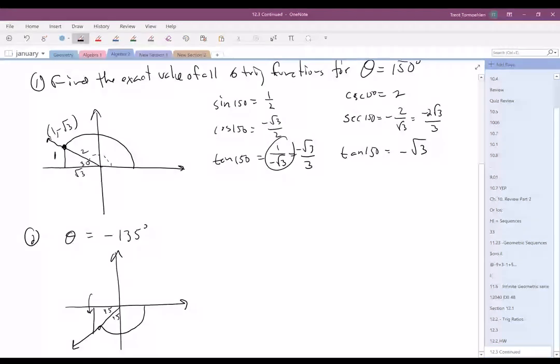So when I draw in my triangle, the easiest way to do it is let this be 1, let this be 1, and let the hypotenuse then be square root of 2. So the coordinates of my point are -1, -1, and the radius is square root of 2.